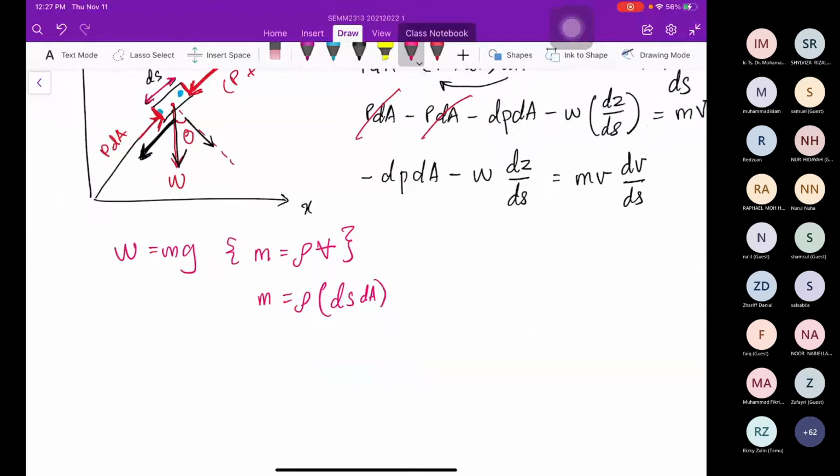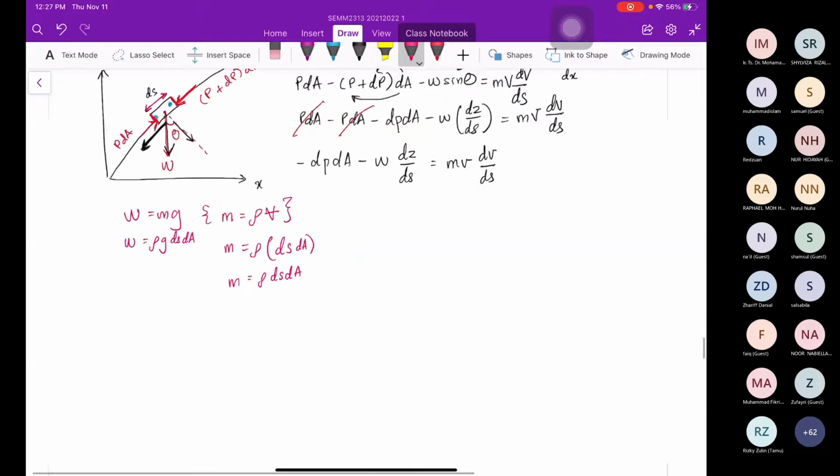So now it becomes m = ρ ds dA. So I can get W = ρ g ds dA. I plan to substitute in this W and the mass.